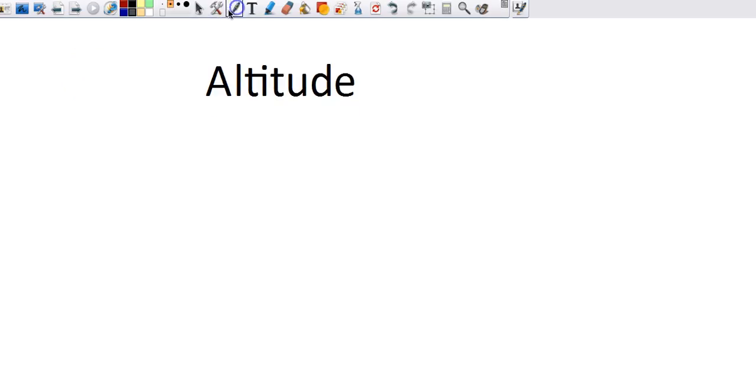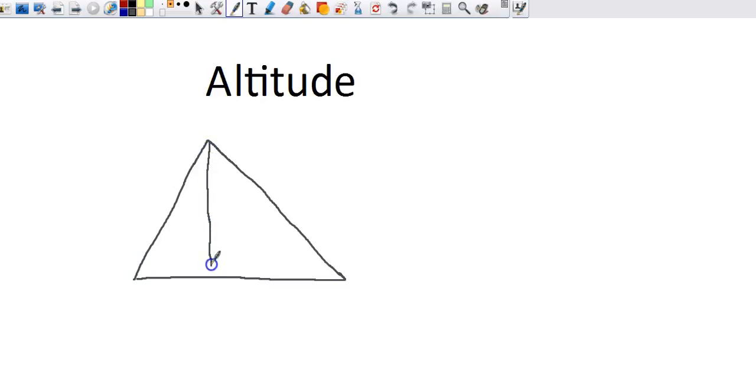All right, the last segment we'll talk about is an altitude. And I'm just going to hand draw this. An altitude's a height. Height has to go from the vertex to the opposite side at a right angle.